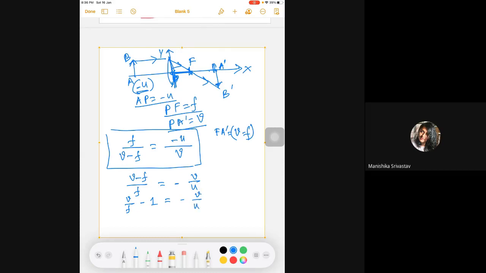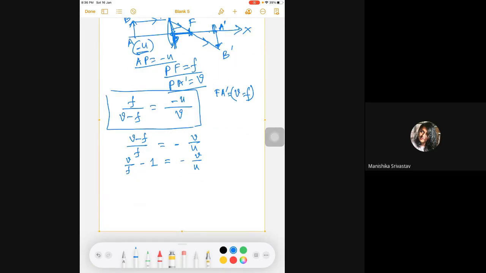Now multiply both sides by 1 by v, or divide by v. So what you get? 1 by f minus 1 by v equals minus 1 by u. Just shuffle here and there: 1 by f equals 1 by v minus 1 by u, and this is our famous lens formula.